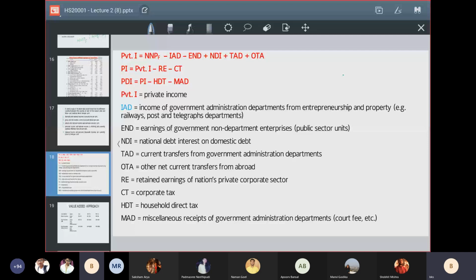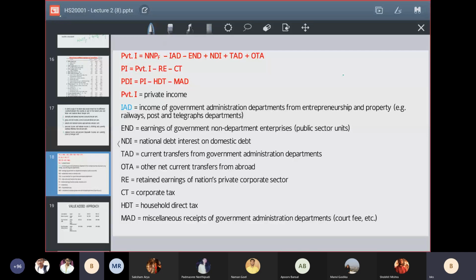Then each one of them gets 20 crores, rather than 25 crores each as their private income. Now their private income is only 20 crores. The 20 crores they kept in the private sector is their retained earnings.